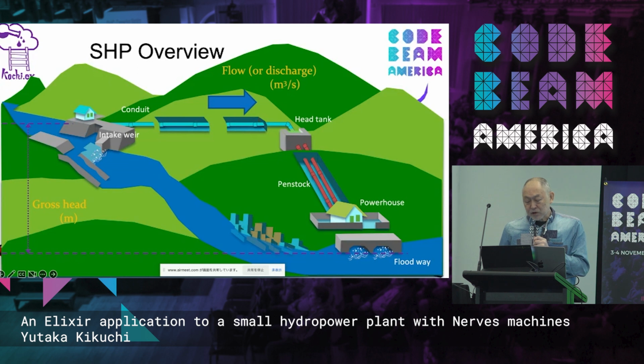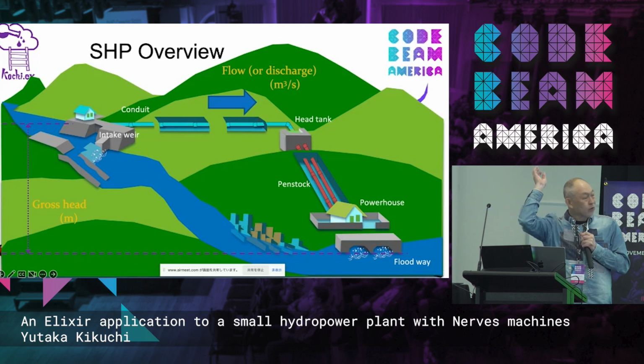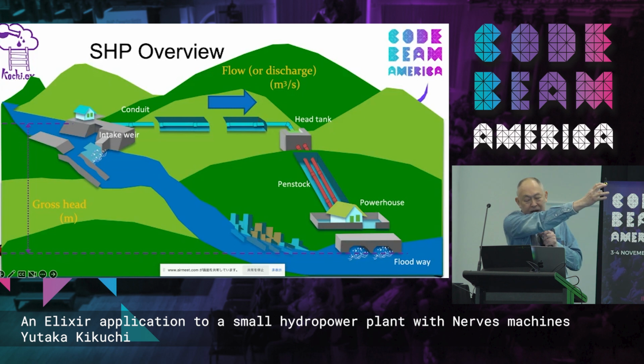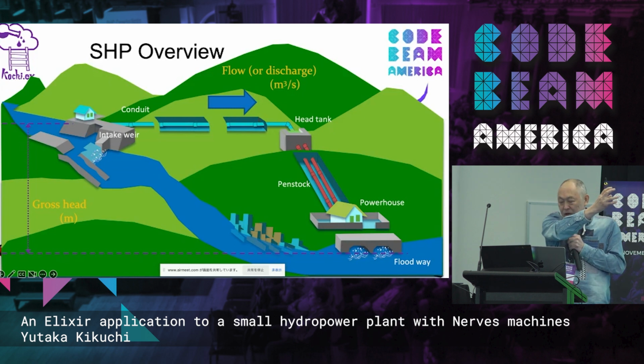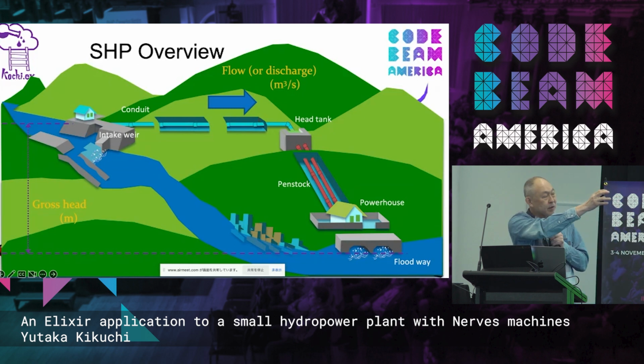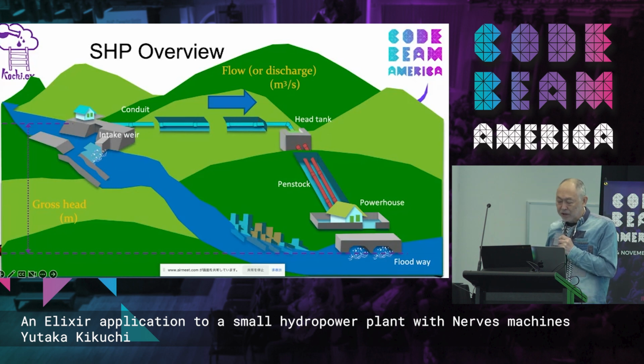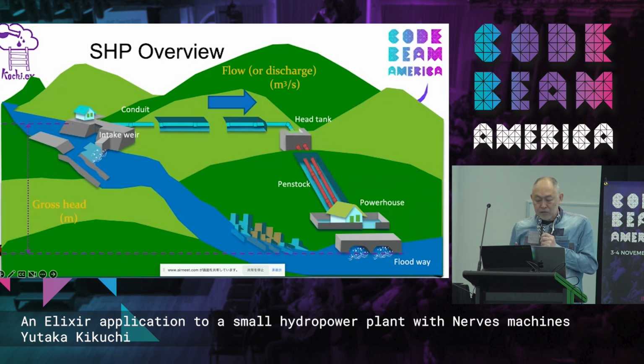So it gets water from some higher altitude place of a river with an intake facility and brings water flow to a head tank to get higher water pressure with a penstock. And so that you can get electrical power in the powerhouse. The power you get depends on flow and head. Head means the altitude difference.